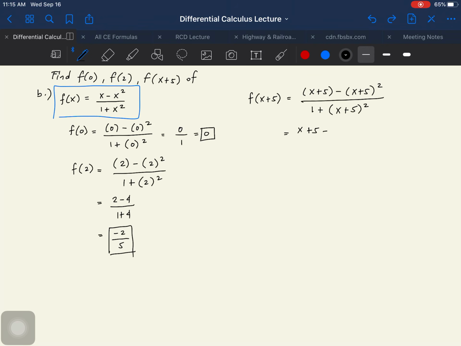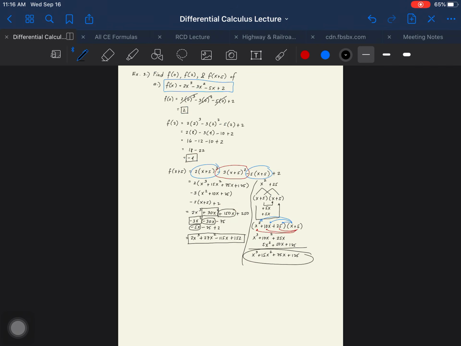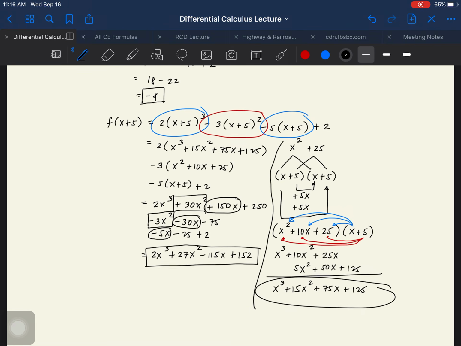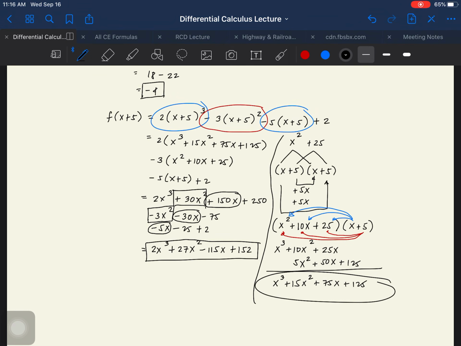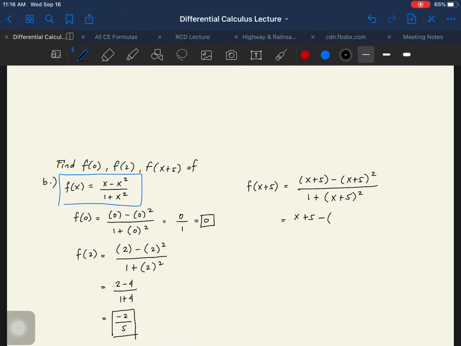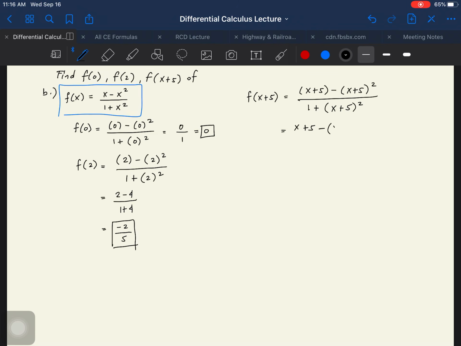Always remember, whenever you make expansion and you have a negative sign there, leave the negative sign outside, expand first before you distribute the negative sign. So again, what's the value of x plus 5 squared? Now, a while ago, here is the value of x plus 5 squared. X squared plus 10x plus 25.